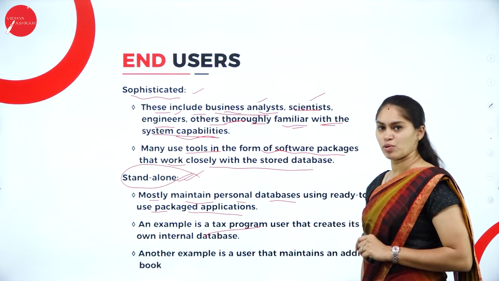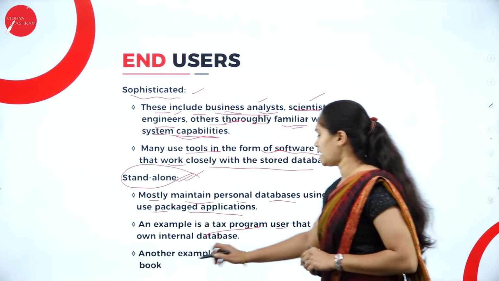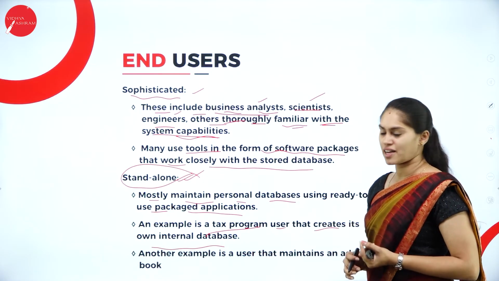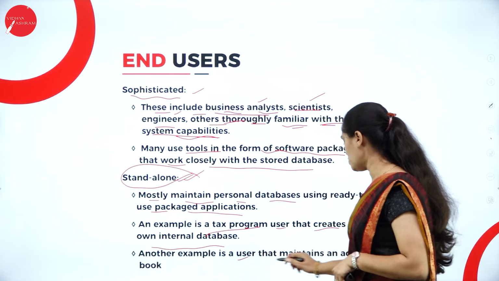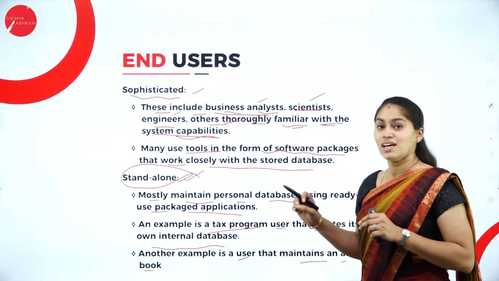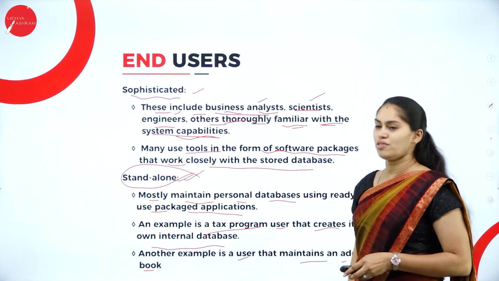So what is the example for this? We have a tax program, where that kind of tax program user creates their own internal database in order to manage tax transactions and all. And also we have a user that maintains an address book. That is what they are using these kinds of databases for, their personal use. So these are the types of end users.